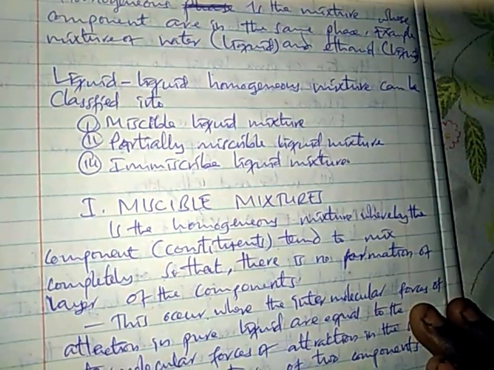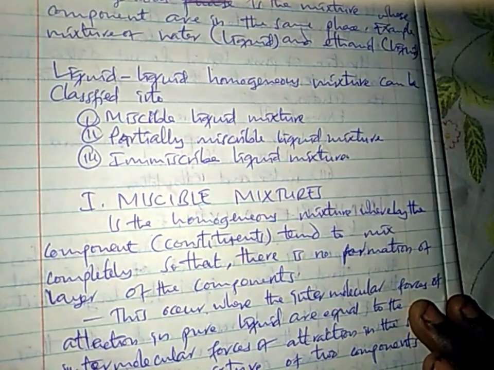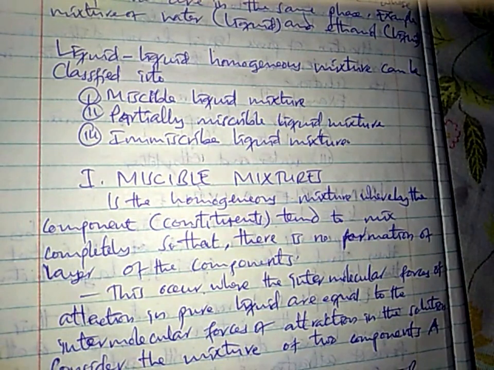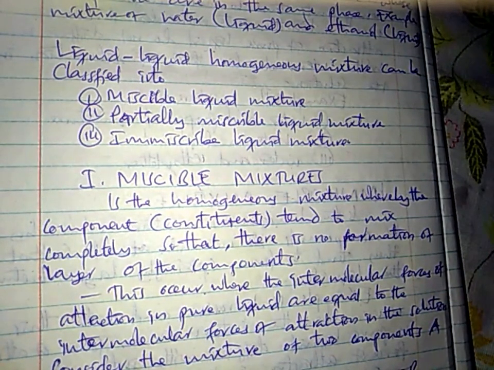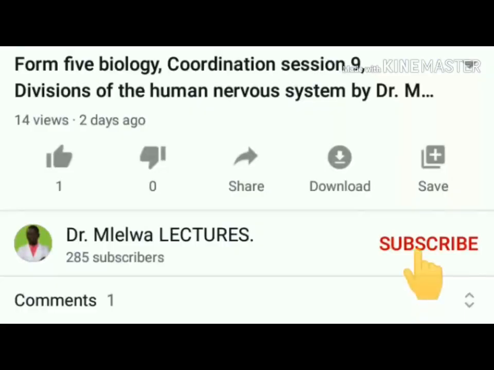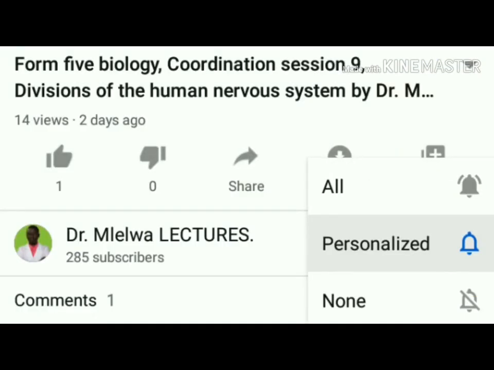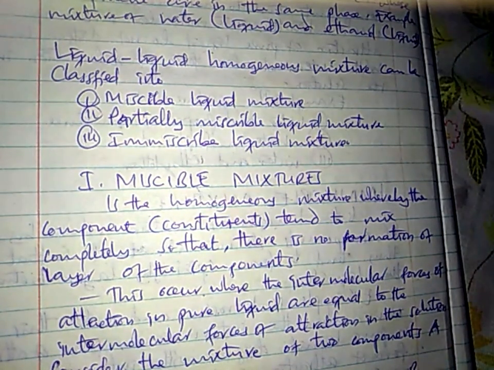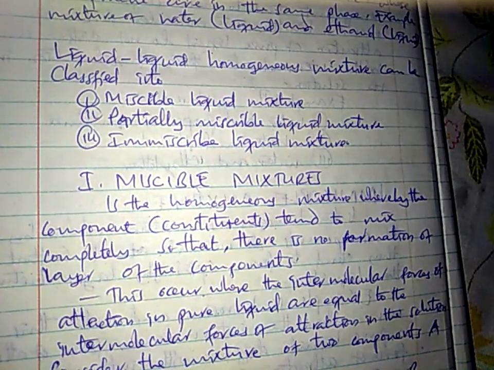So we have the classification of liquid homogeneous mixtures, because as I told you, in this subtopic we will be discussing solutions. So we are discussing more about liquid homogeneous mixtures. Now, liquid homogeneous mixtures can be classified into three major groups.